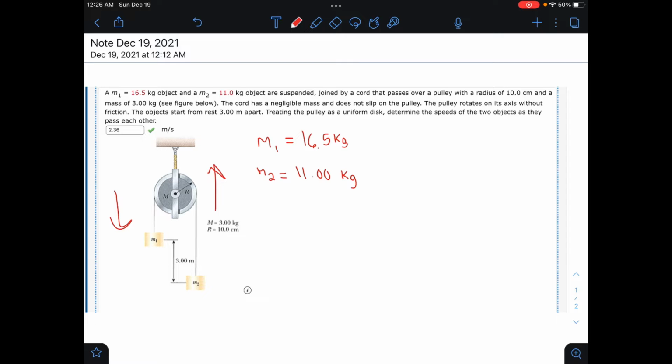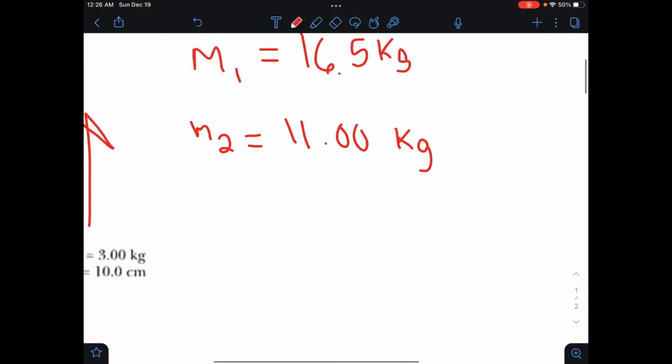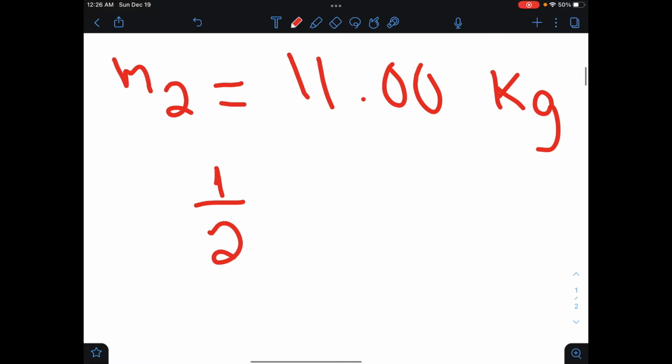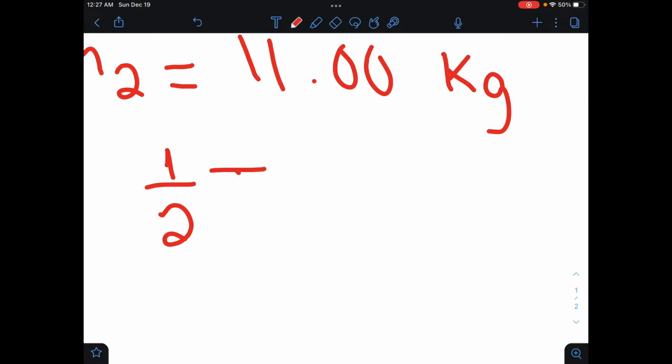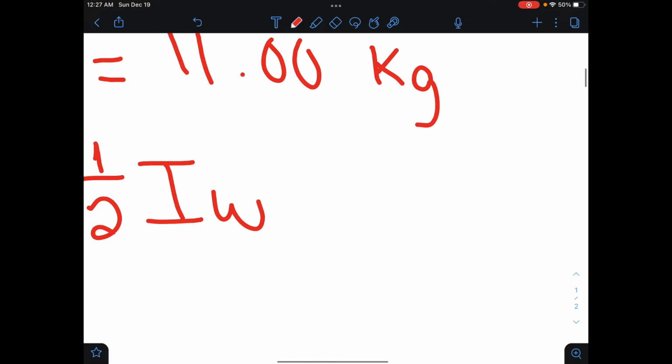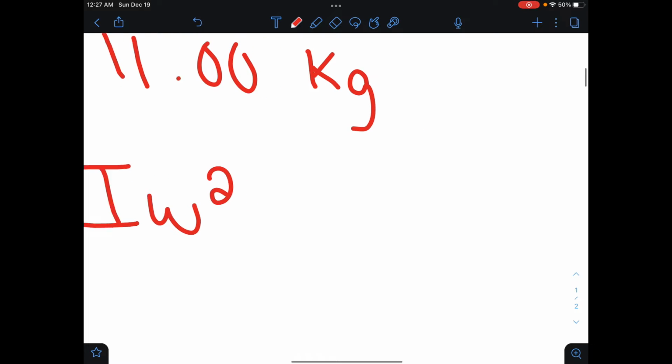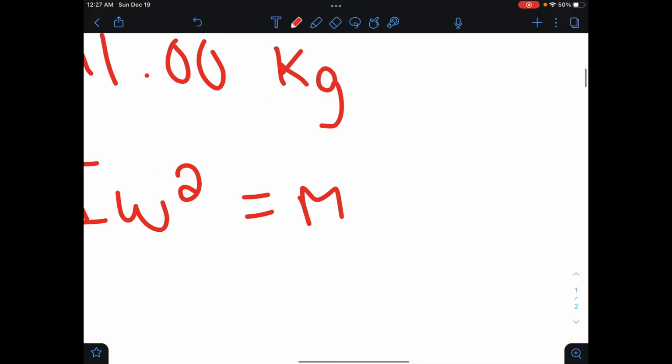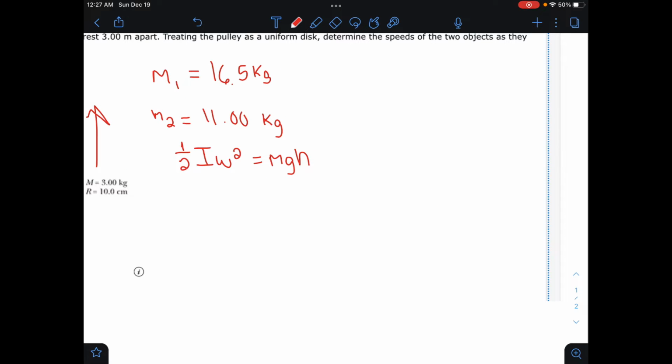Okay, so we are going to be using the kinetic energy of the system is equal to the potential energy of the system. And we use, what letter is that?